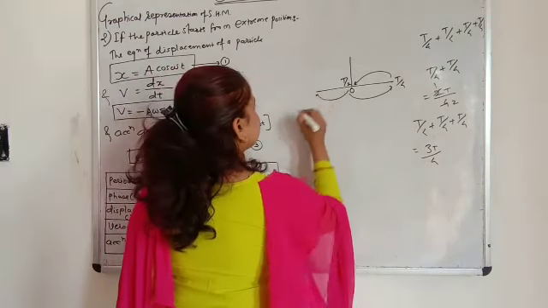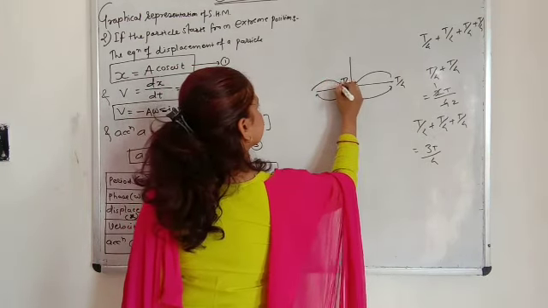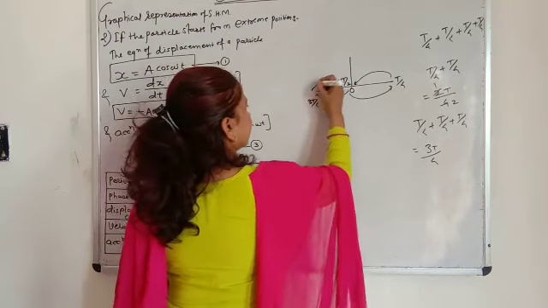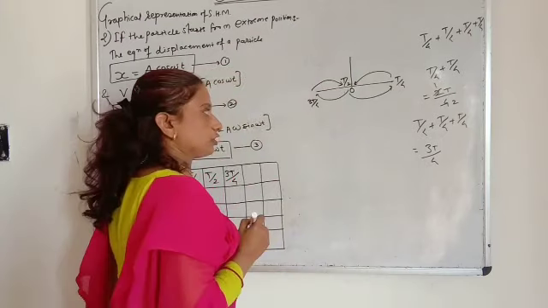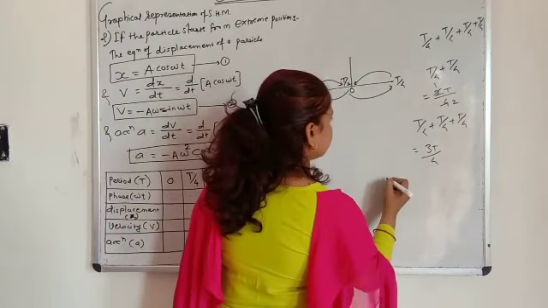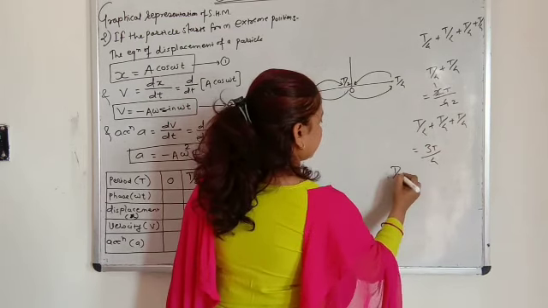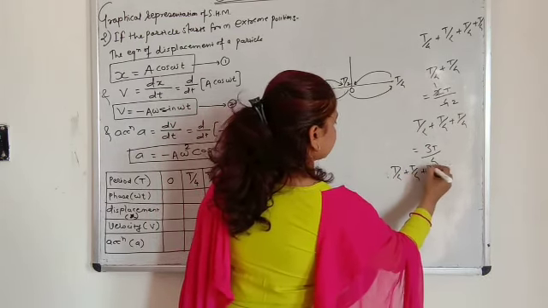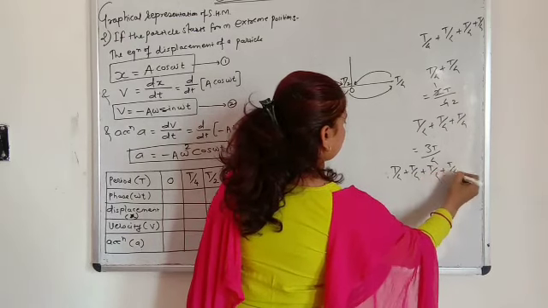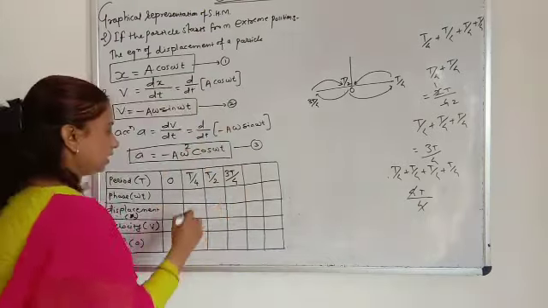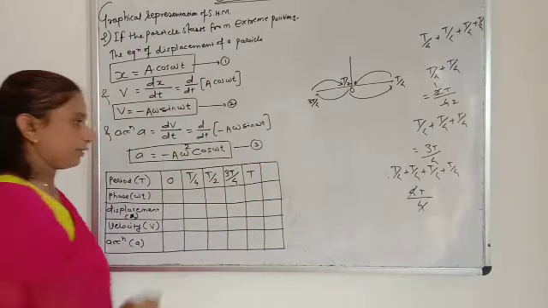Then again the particle moves from this position to this position, and again it reaches the equilibrium position. Then the time becomes T by 4 plus T by 4 plus T by 4 plus T by 4, that is 4T by 4, the 4 cancels, and the time becomes capital T.